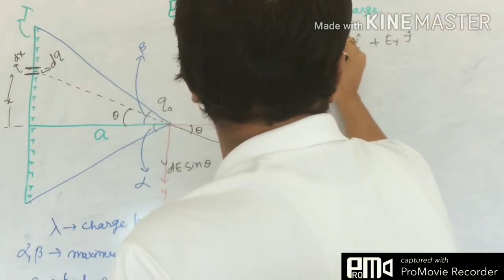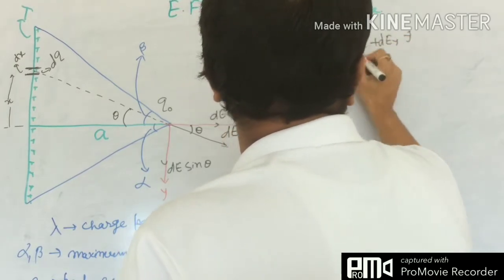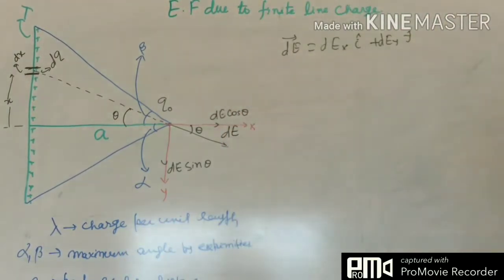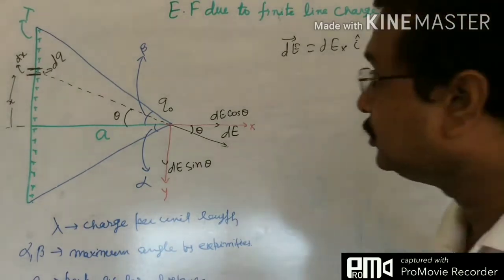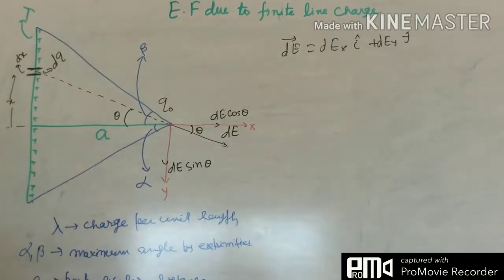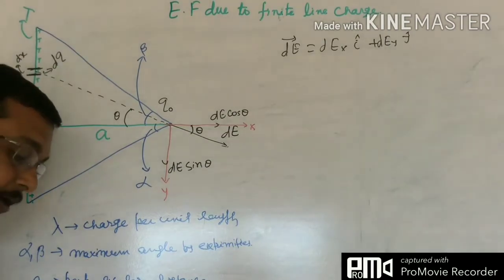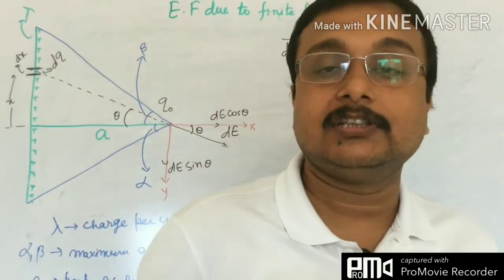So if we want to find the value of net electric field here, how can we find it? dEx and dEy. dEx is the small electric field due to dq in the x direction, and dEy is the electric field along the y direction due to this small charge dq.